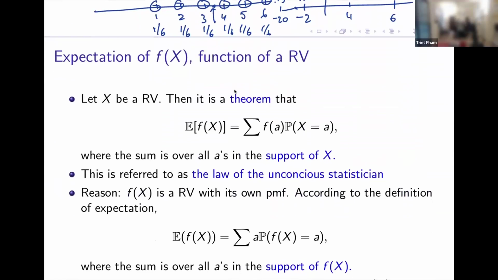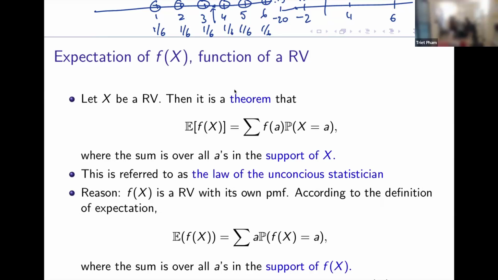Okay. So the next topic is, because we discussed a random variable and a function of a random variable, and we say that a function of a discrete random variable is a discrete random variable, it makes sense that expectation applies to it.